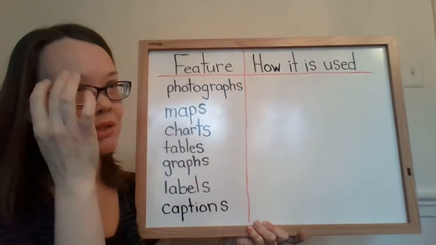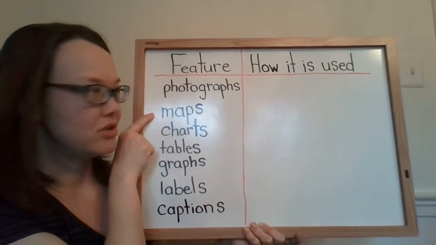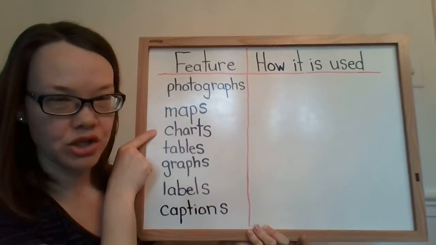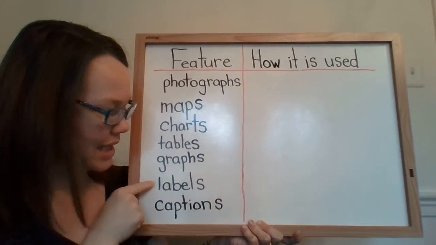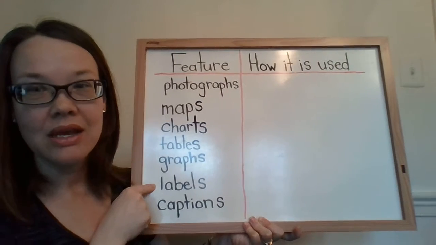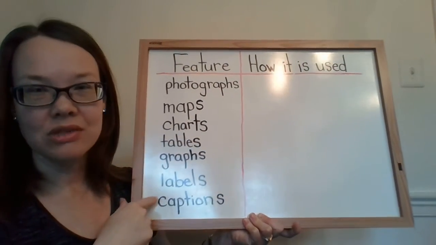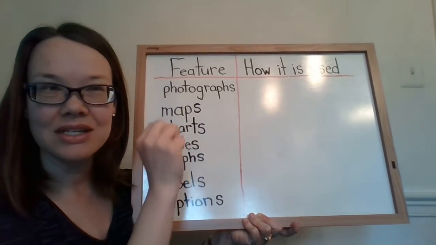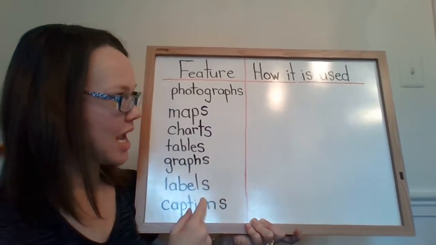So maybe a specific map might be in there to tell us where those animals or where certain things are found in the world. You can find charts, tables, and graphs. You can find those as well. Labels. We saw many of the animals' body parts labeled in that book we just saw. And captions. There's lots of captions or headings just to tell us, oh, this little spot in this book is going to be about this part. So those are the captions.